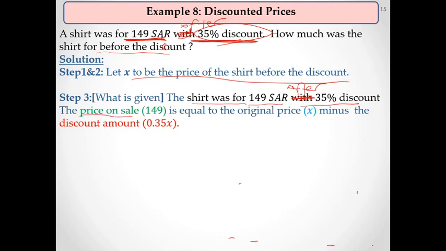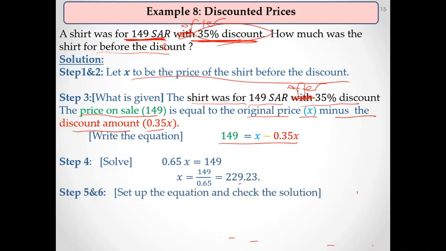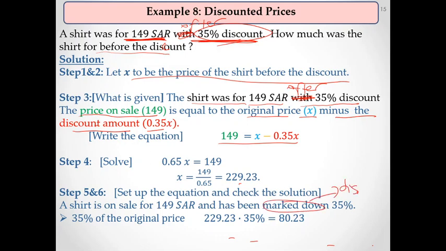So the price now is equal to the original price x minus the discount amount, which is 0.35x. This gives our equation. Solve the equation, set up the equation, and check the solution. The short is on sale, 35% markdown, and markdown means discount.